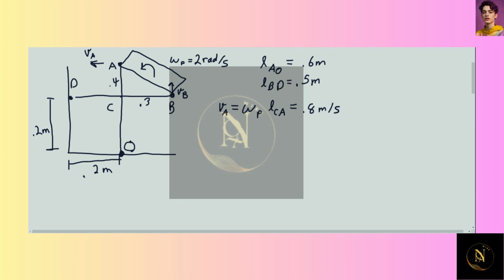We can then calculate the angular velocity of the link between O and A, so that bar.